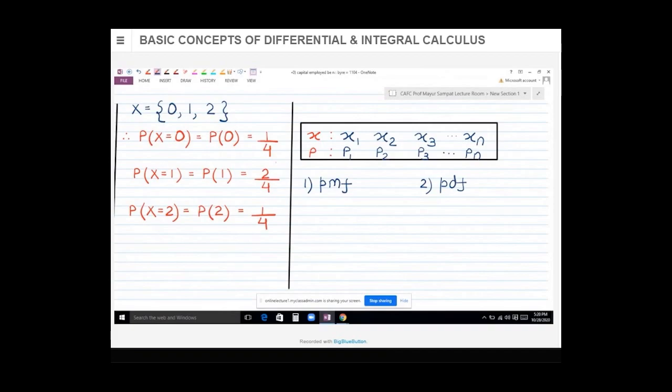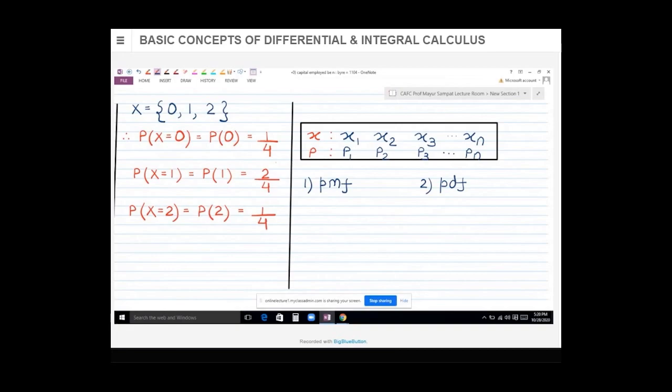But when a continuous random variable is represented along with its probability, it is called a probability density function.